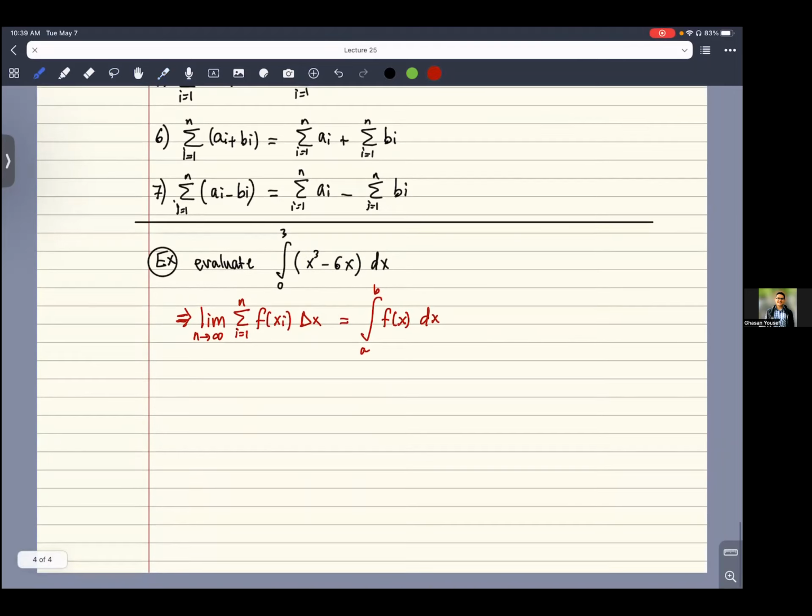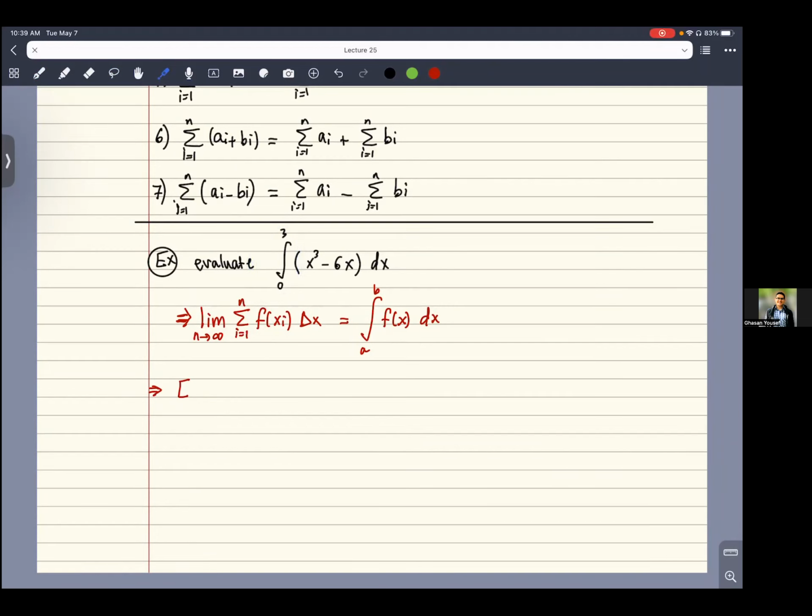Okay, I'm going to start. What is delta x? By the way, before I start solving the question, I'm going to write important notes. What's the interval?